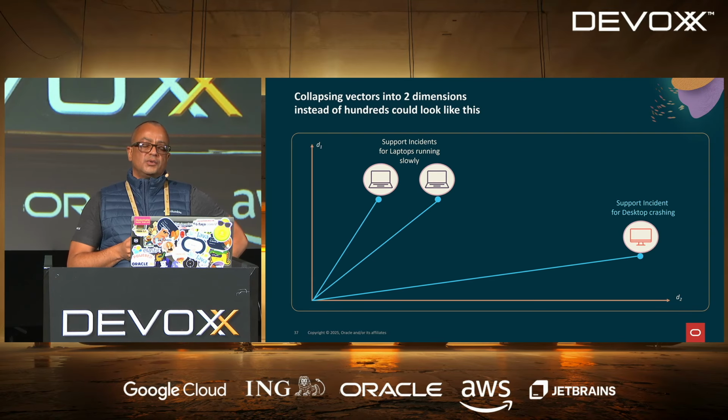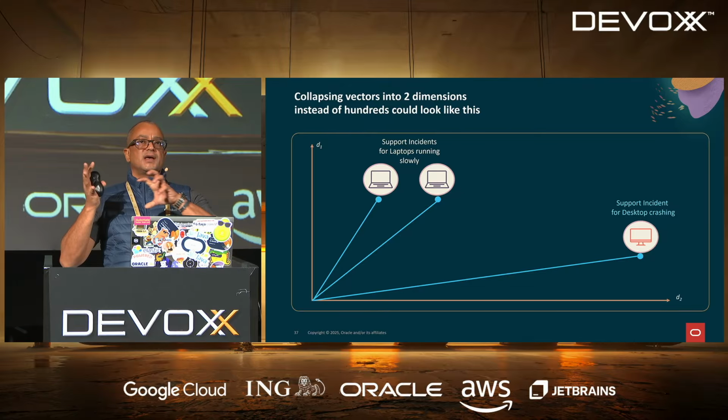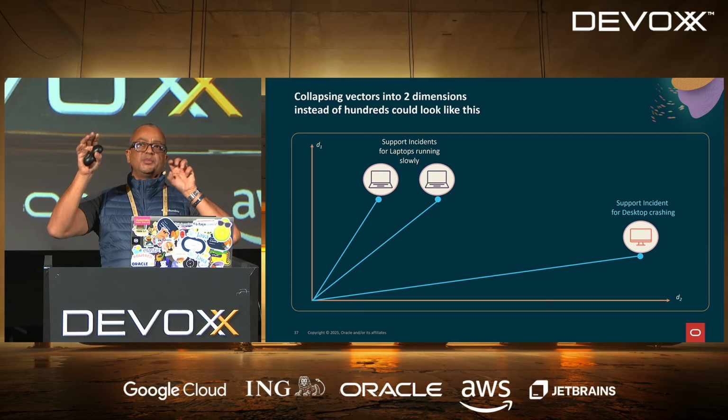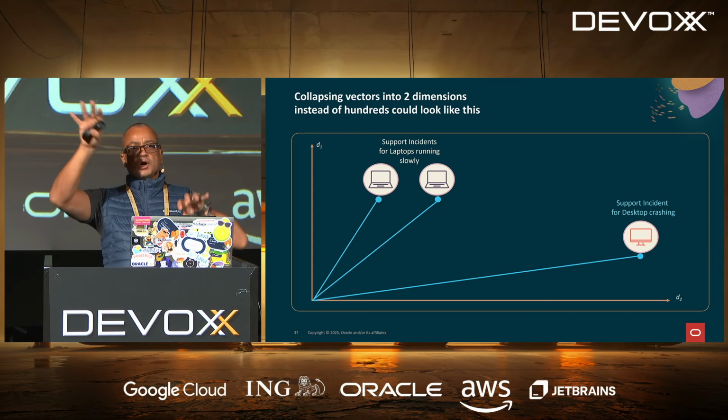And now with the representation of unstructured data, let's say I have a support incident here related to a desktop crashing. And a couple of additional ones where the desktop is running slow. You can see that as I extract this information and create the vectors, they will be similar, but they will go to different quadrants, okay?